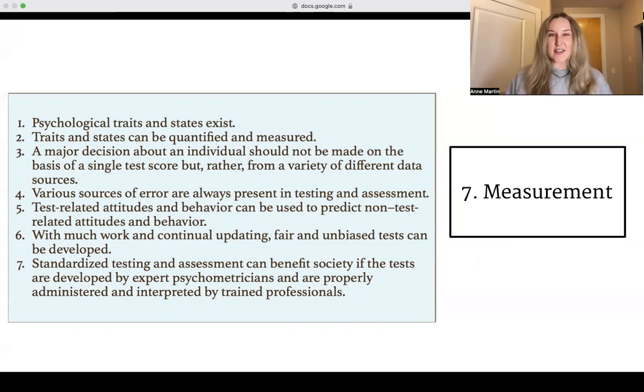So I'm curious if you think that that is possible, or if we should even be striving for that, or if instead we should be talking about the bias that is inherently present in our measures and what we can do about that. And that these tests can benefit society if they are developed in a way that ensures that they are reliable and valid.